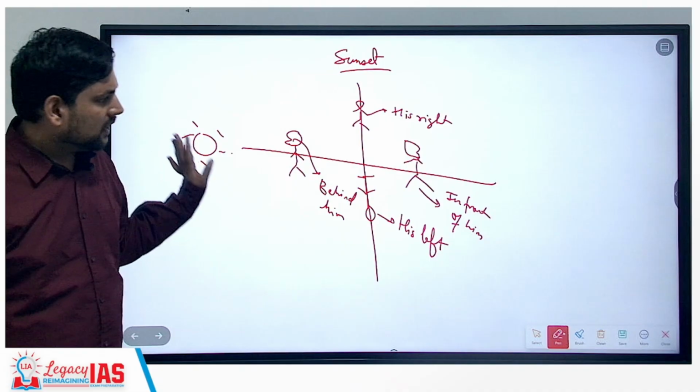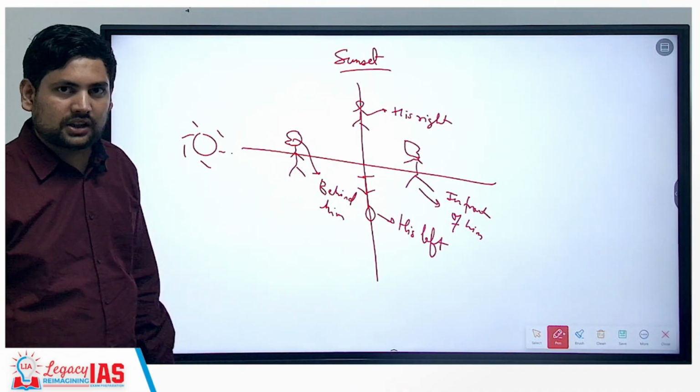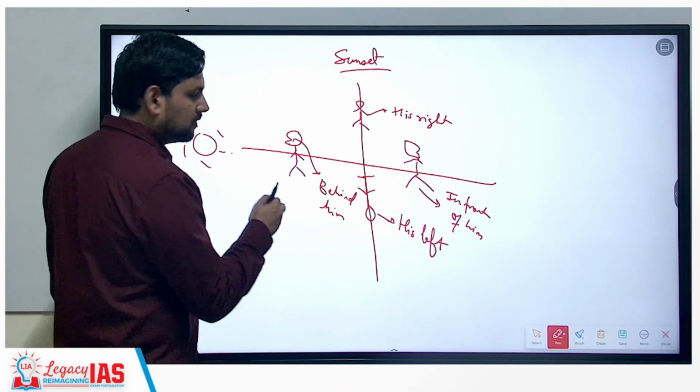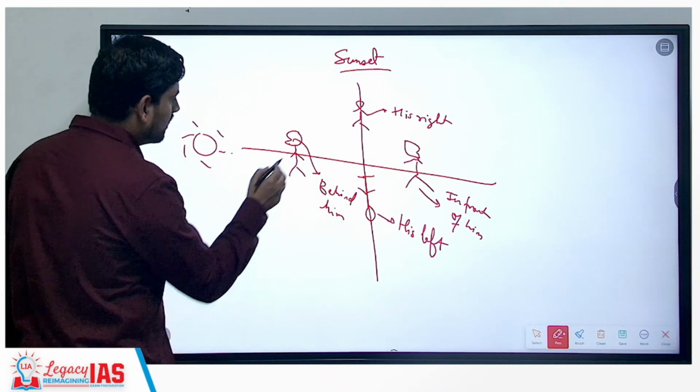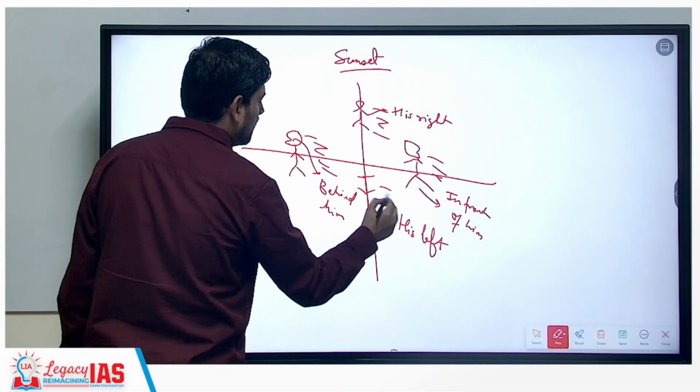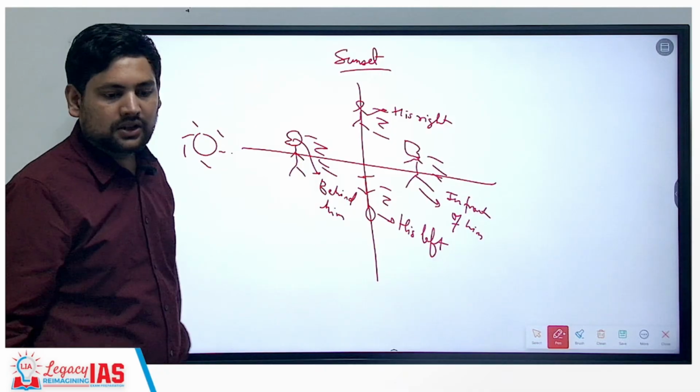So during the sunset, this will be the direction. Here also you can see it is always forming away from the light source.